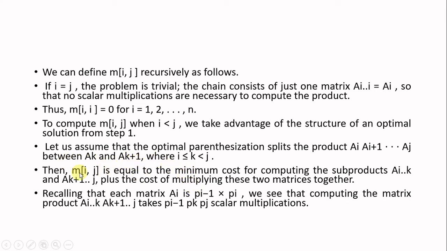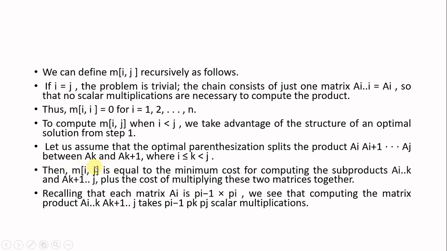Then m of i comma j is equal to the minimum cost for computing the subproducts Ai to k and Ak plus 1 to j, plus the cost of multiplying these two matrices together. That is clear, right? m of i comma j is the cost of the optimal solution. We know this is a long sequence, so we are splitting it at k.